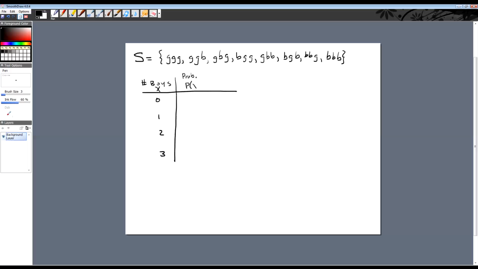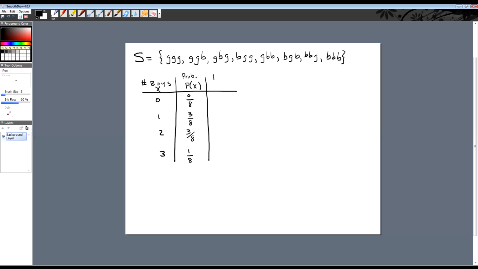The probability of the x occurring: the probability of 0 boys occurring is, there's only 1 set here, so 1 out of 8. The probability of 1 boy, so here's 1, here's 2, 1, 2, 3. There are 3 out of 8. Probability of 2 boys, 1, 2, 3. Another 3/8. And then the probability of all 3 boys, again, is 1/8.